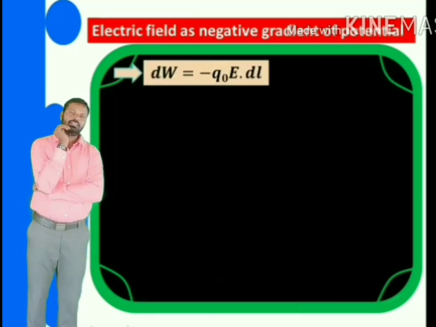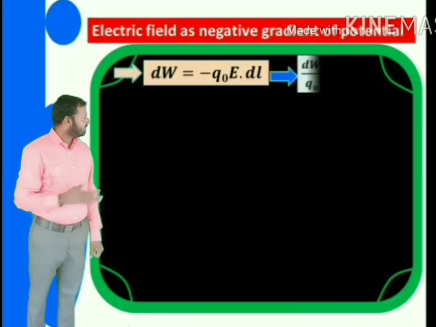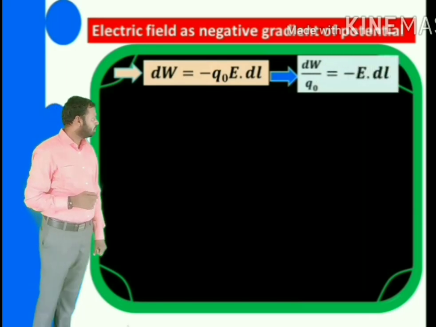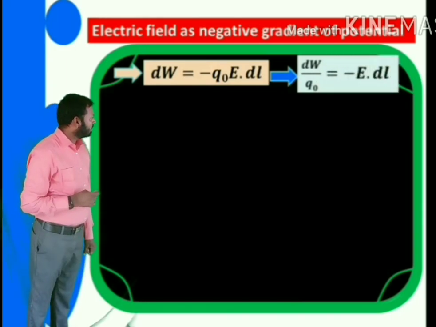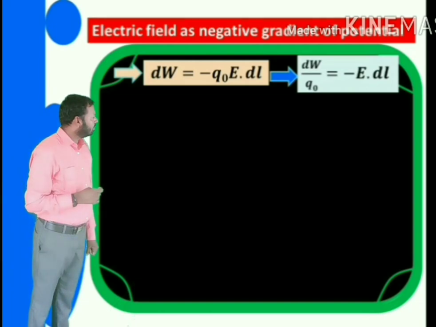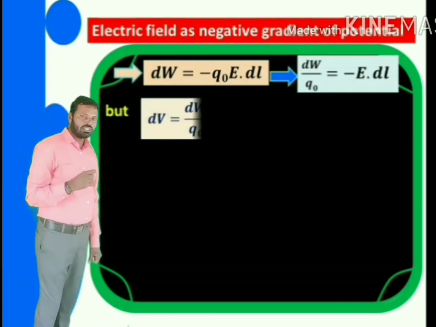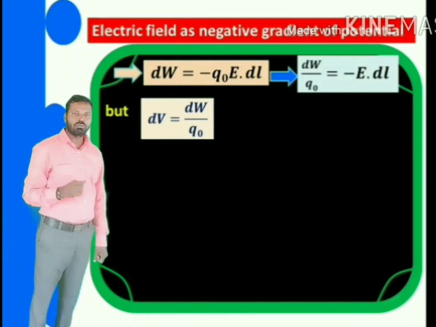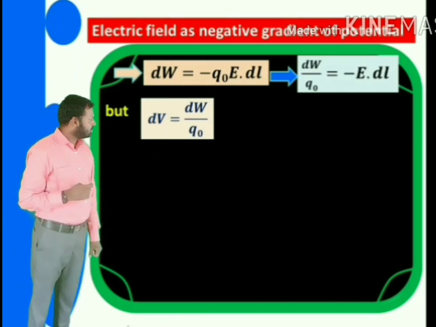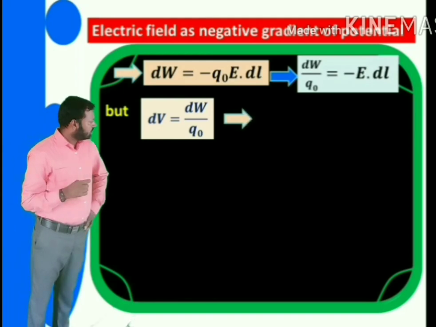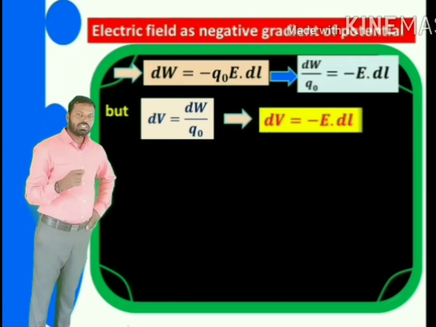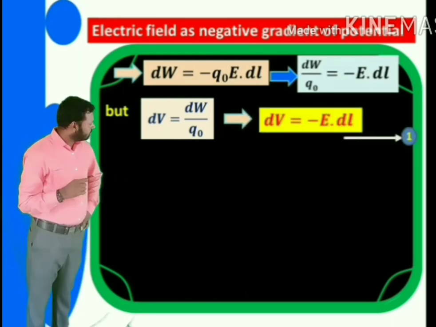That implies, bring that Q0 to this side, then dW by Q0 is equal to minus E dot dl. But actually potential difference dV is equal to dW by Q0. If I substitute that, then dV is equal to minus E dot dl.